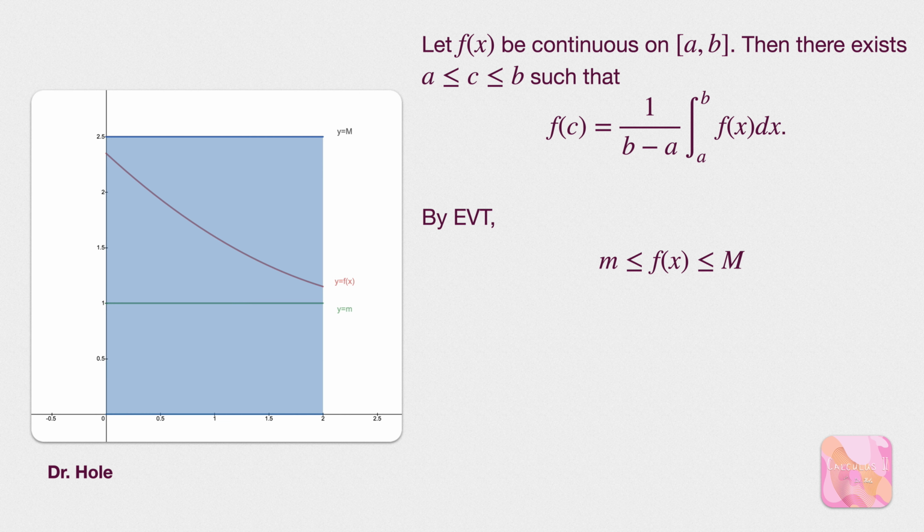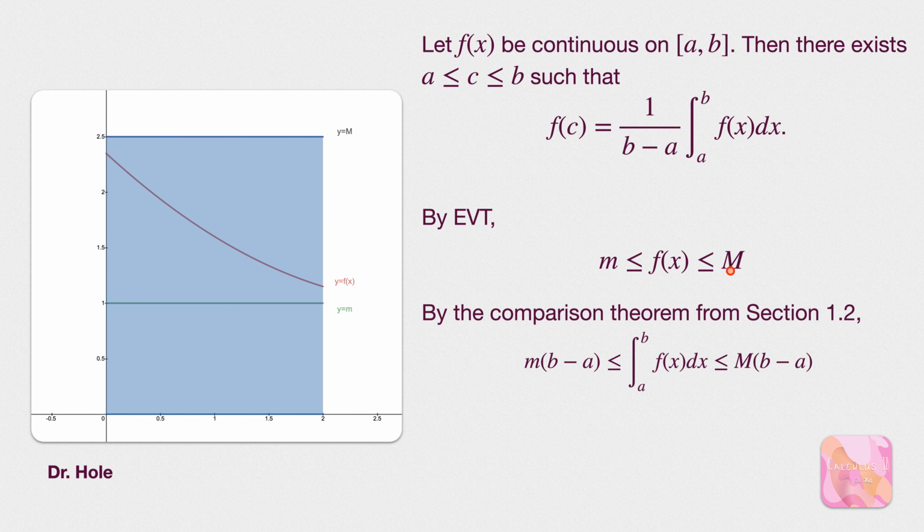Let's recall a graph from the previous video. That graph was used in establishing the comparison theorem, namely that if we have a function which is trapped between a small value little m and a big value capital M, we can translate that into a statement for integrals, namely that the definite integral of f from a to b is trapped by little m times b minus a below and above by capital M times b minus a.